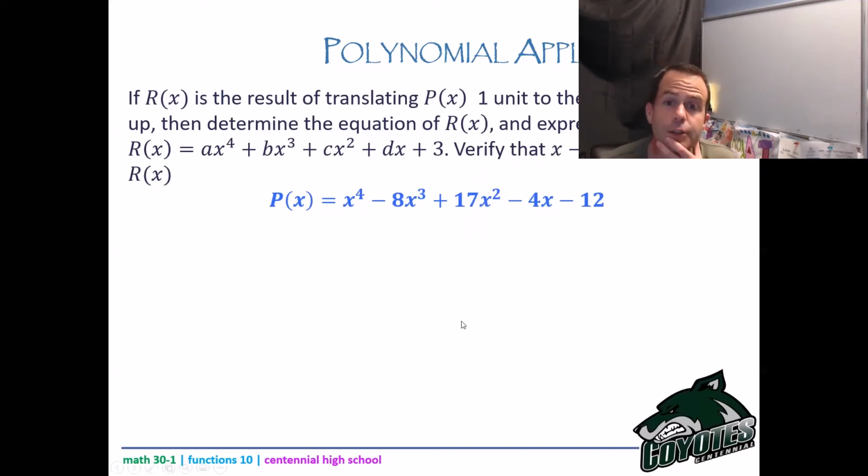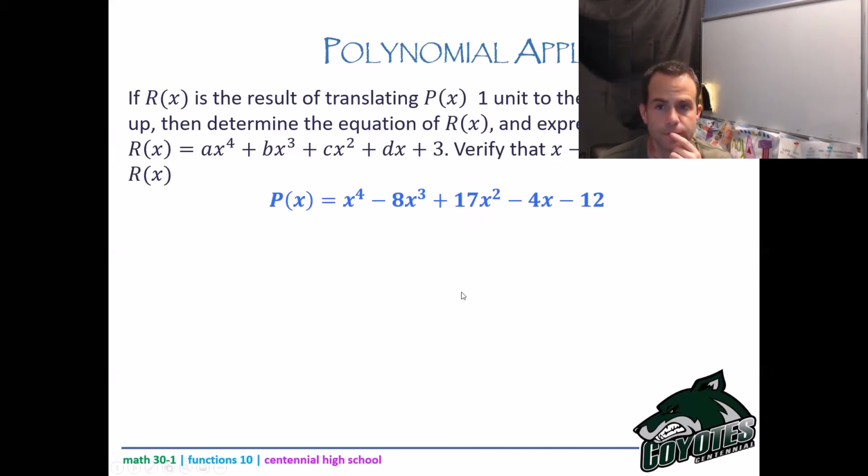Okay, so I'm going 1 unit to the left and I'm going 12 units up. Well, the 12 units up is just a plus 12 on the end. The 1 unit left, well, that's going to replace x with x plus 1.